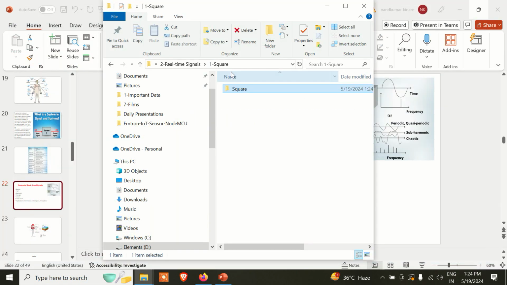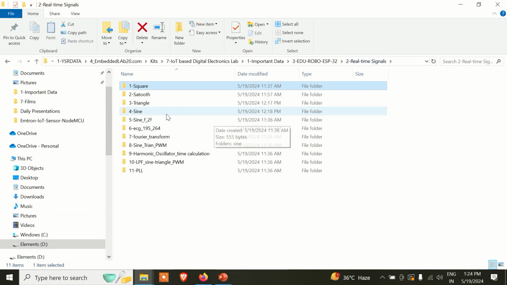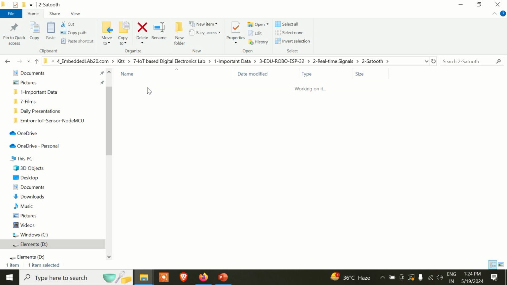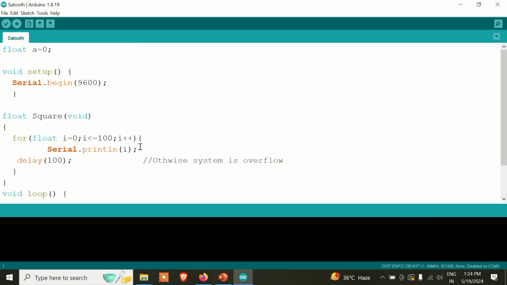The second waveform is sawtooth waveform.